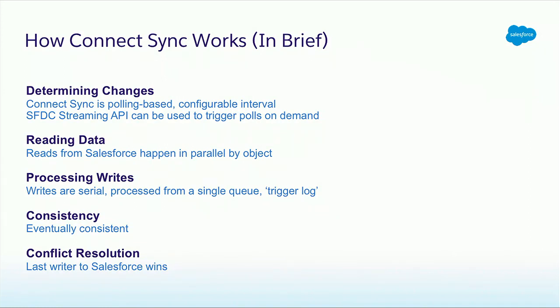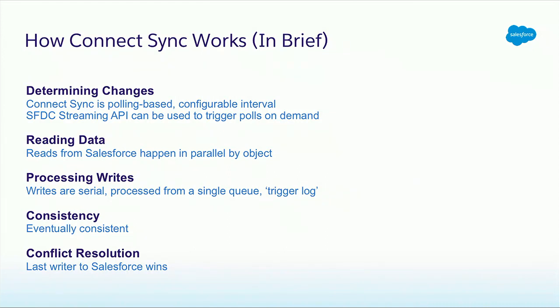Consistency. Here I'm talking about the geekier developer view of consistency, right? When you think about databases and distributed databases or NoSQL databases, we work in an eventually consistent mode. What that means is that at any given point in time, there may be a difference between what's in Salesforce and what's in Postgres. The delay is typically very small, but it's there.